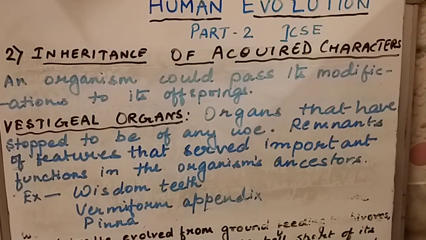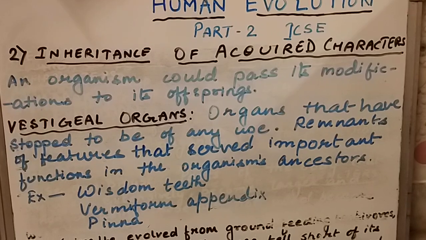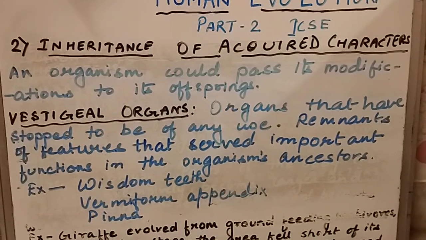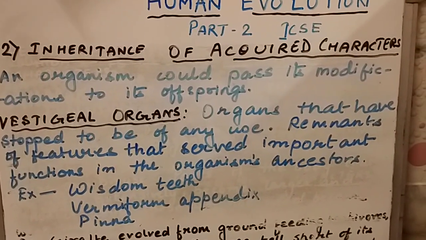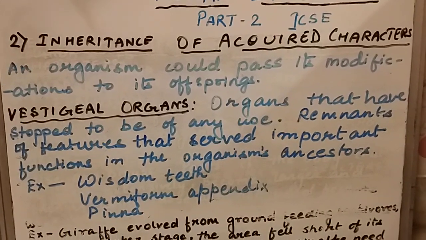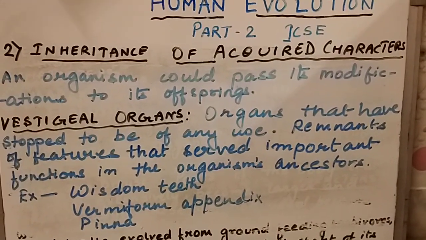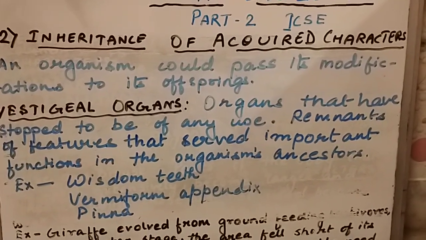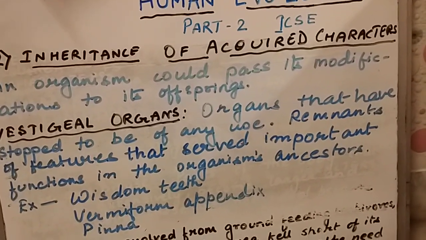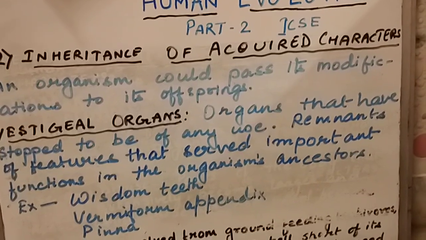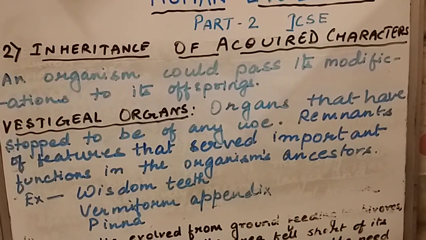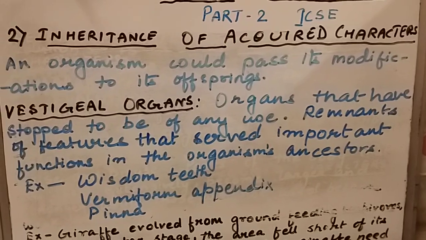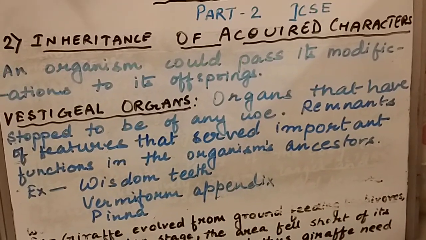The second theory was inheritance of acquired characters, where he stated an organism could pass its modifications to its offspring. That means the feature or character which was manifested would be inherited later by their offspring, or by the coming generation.